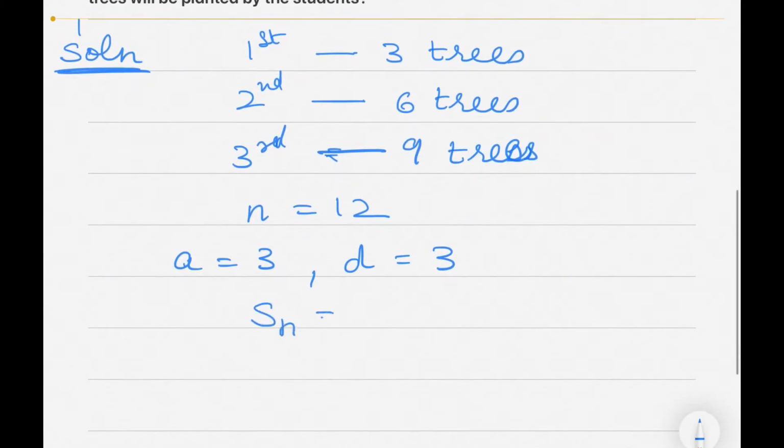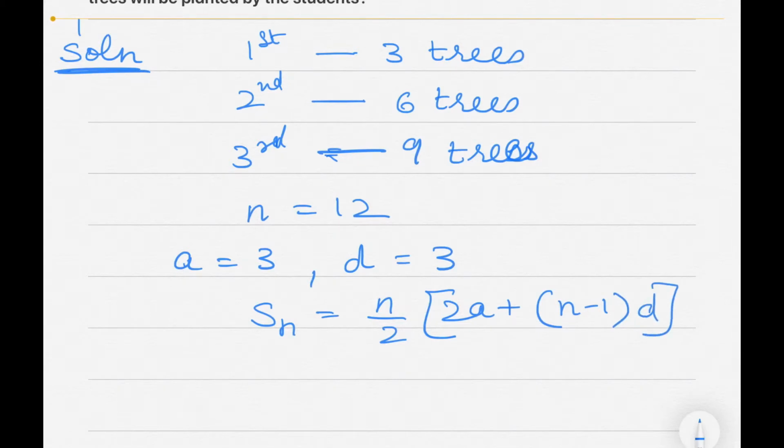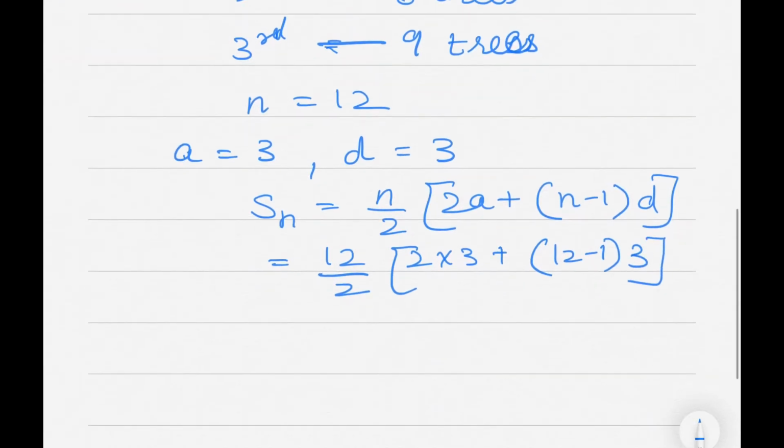So the sum of n terms is equal to n by 2, 2a plus n minus 1 into d. So sum of n terms will be equal to 12 by 2, into 2 into 3 plus 12 minus 1 into d.